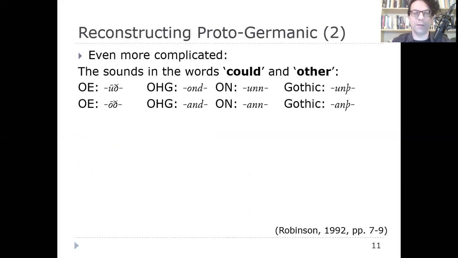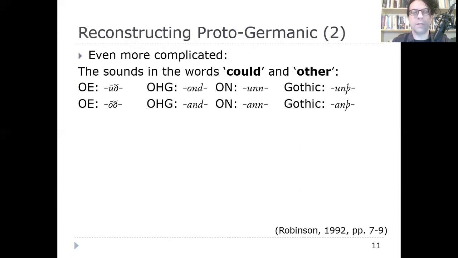So you have could, for example, for could, and you have other for other. So you have a long oo followed by, in this case, a voiced th sound, a voiced dental fricative, or a long o followed by a voiced dental fricative.